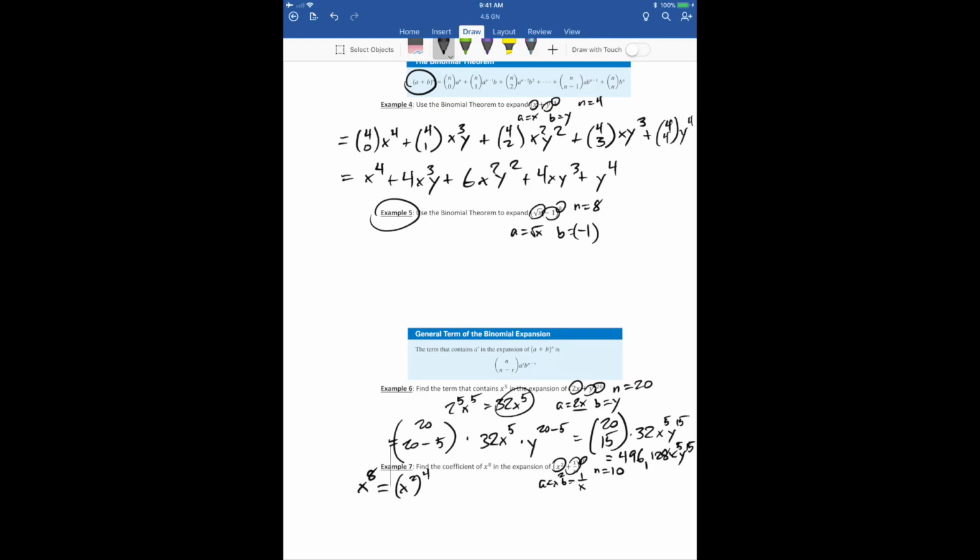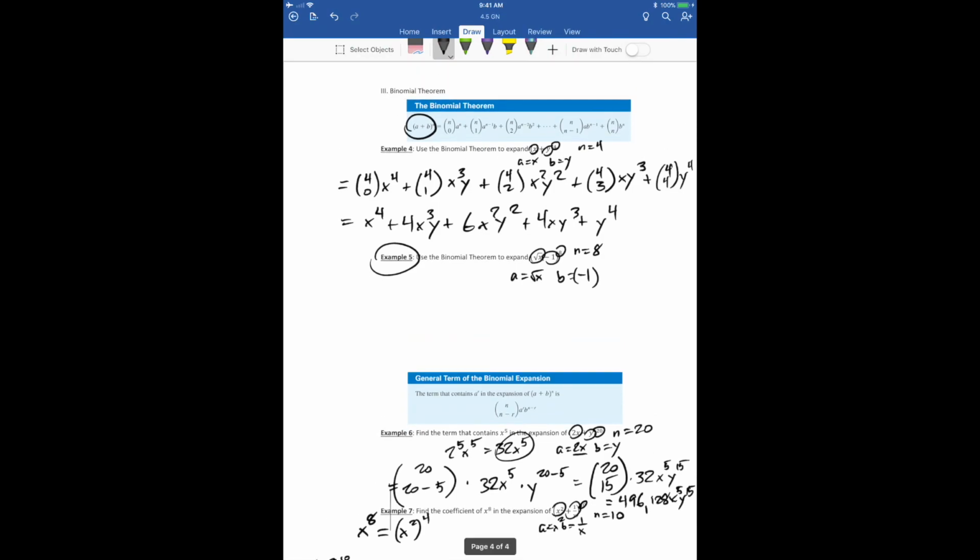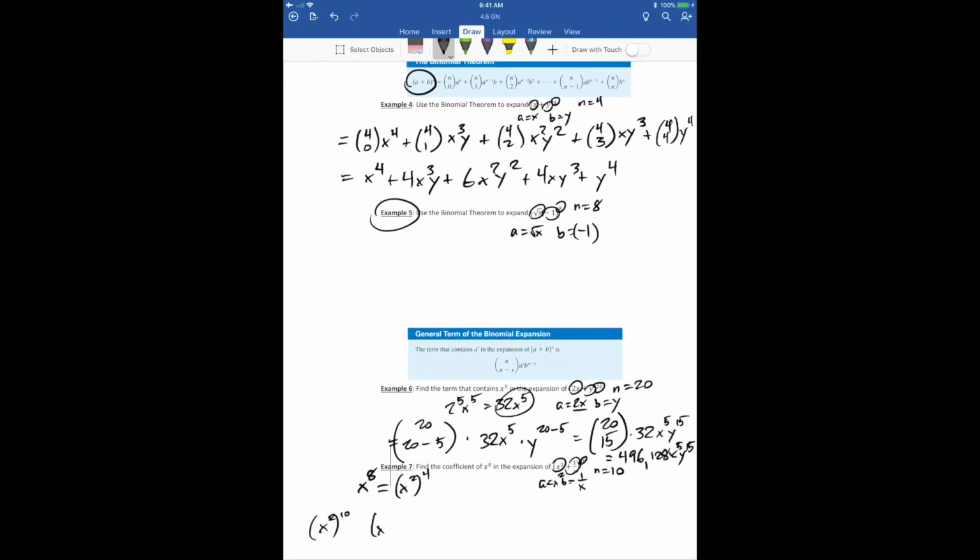Which means that I really need to work out my powers on my own. I know it's a little tedious. And then we have x squared to the 8th times 1 over x squared. And I'm looking for the combination that will give me x to the 8th power, because that's what they want.